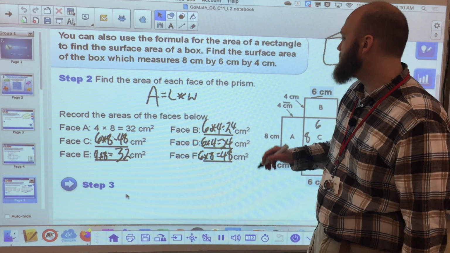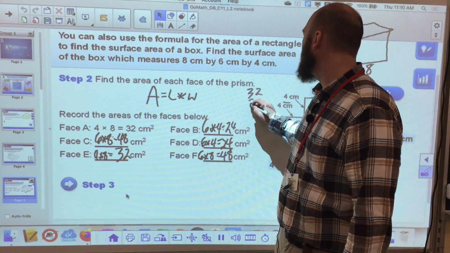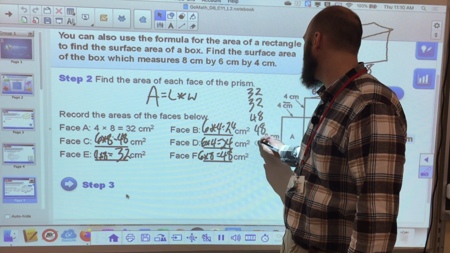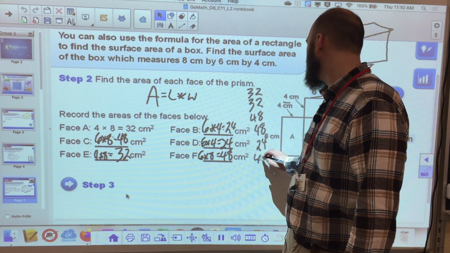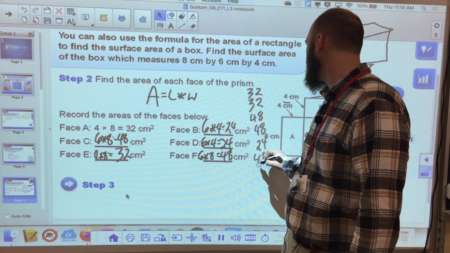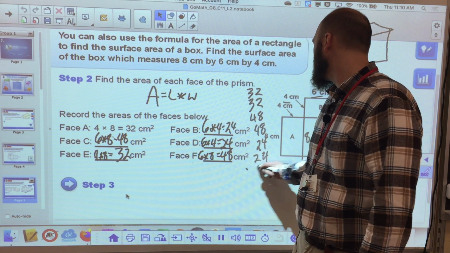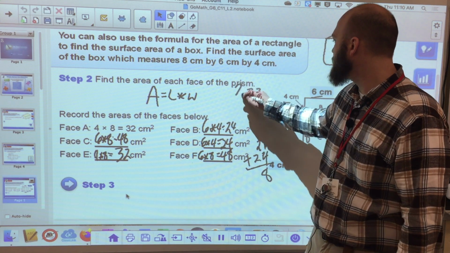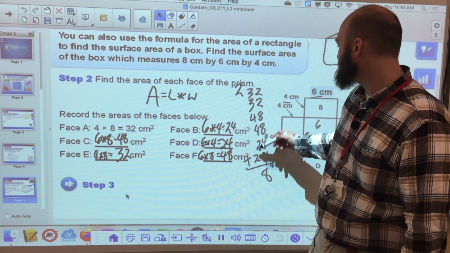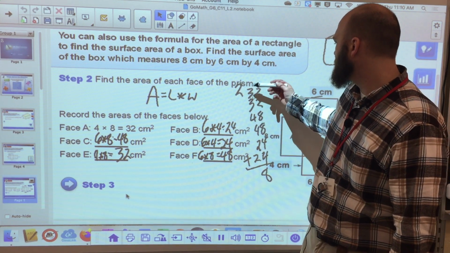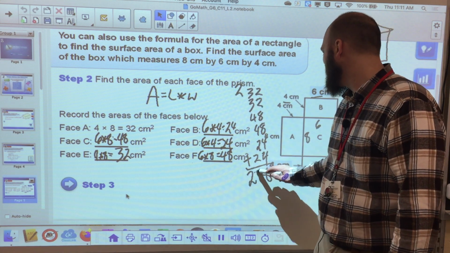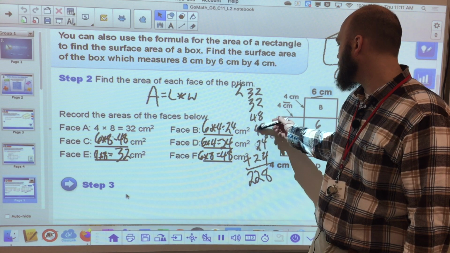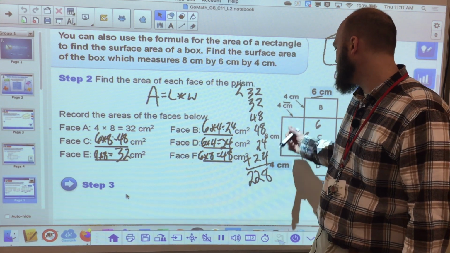But when I add all these together, I still end up with 32 plus 32 plus 48 plus 48 plus 24 plus 24. Let me clean that up a little bit. And when I add them all together, I get 228.